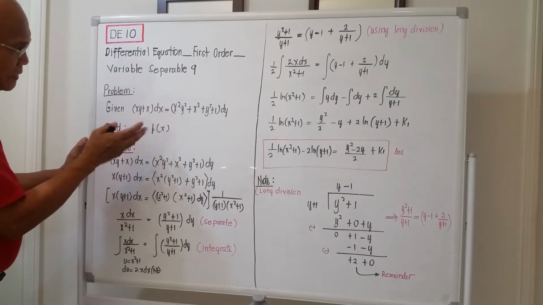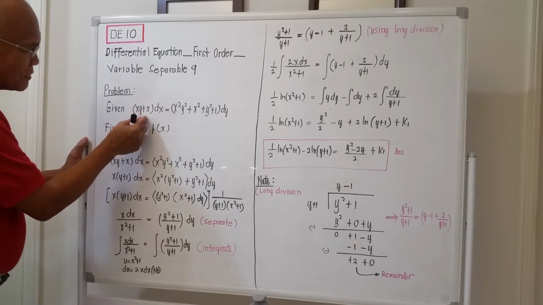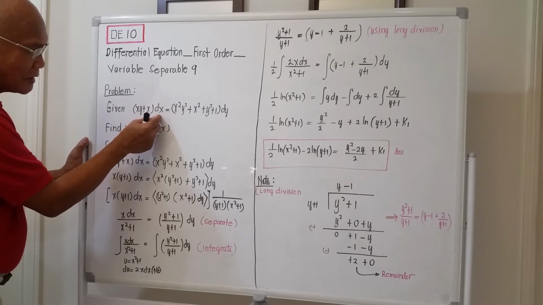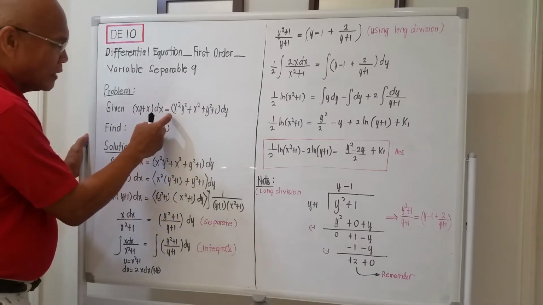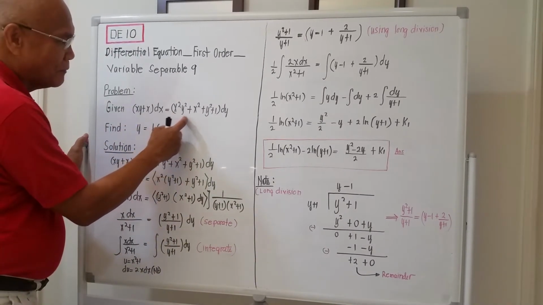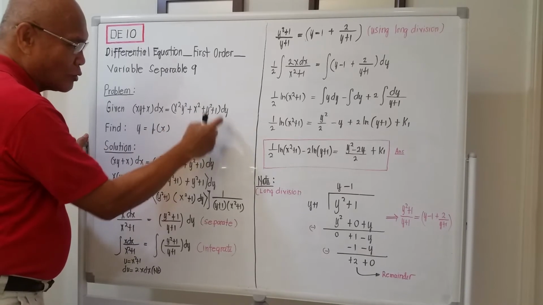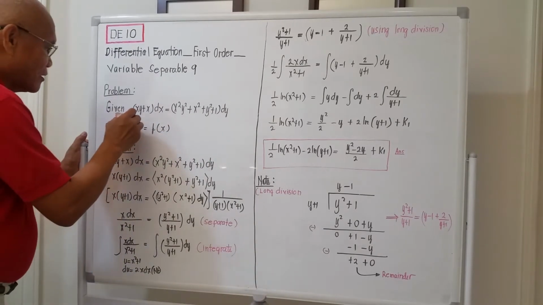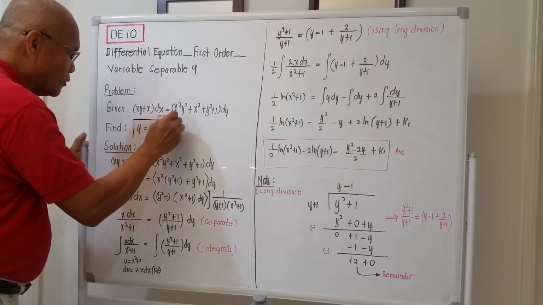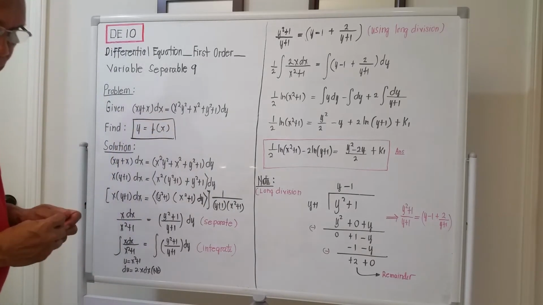We are given the differential equation, quantity xy plus x close quantity dx equal to quantity x squared y squared plus x squared plus y squared plus 1 close quantity dy. The problem is asking for the relation of y as a function of x.